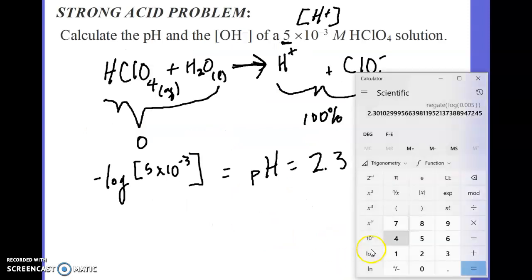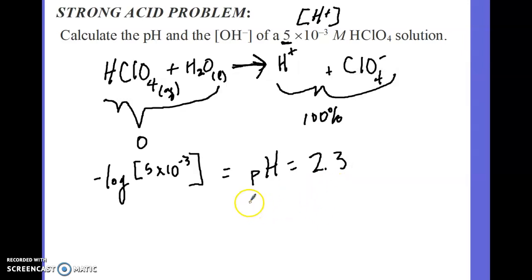So go back over to our calculator, and that would be 1 times 10 to the 14th negative divided by 5 exponent 3 negative, equals.